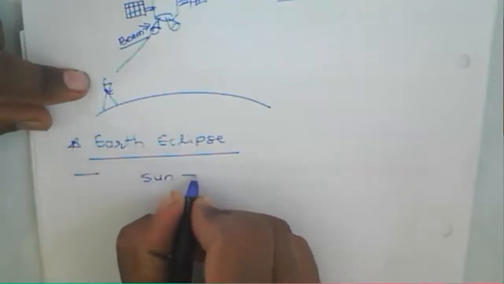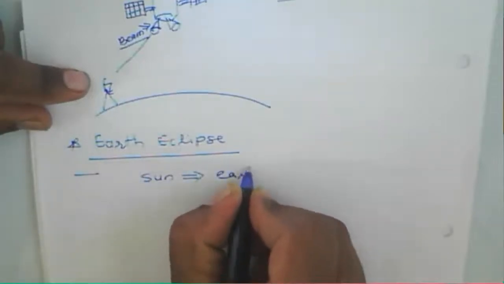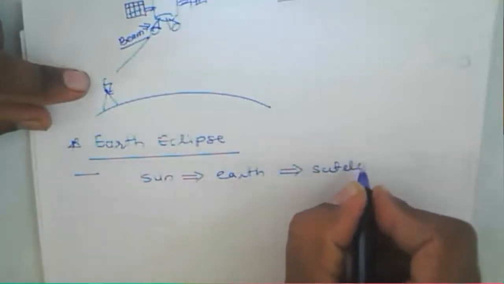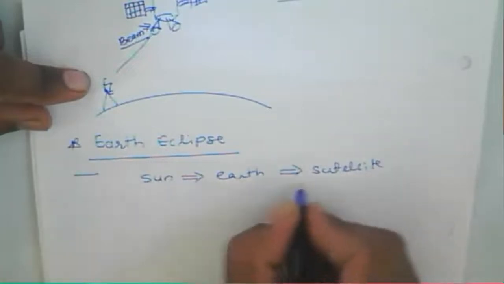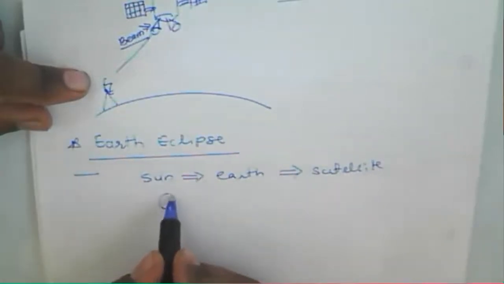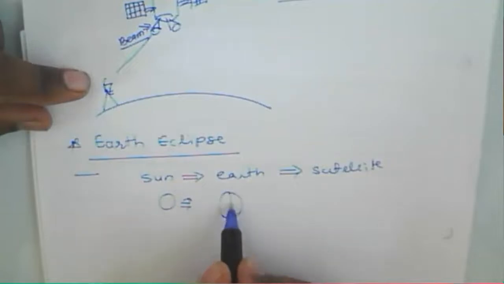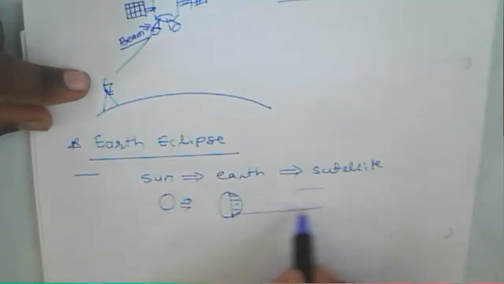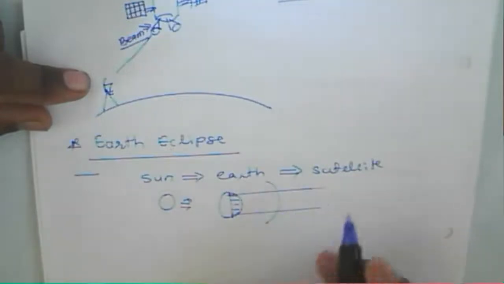Now, what does eclipse mean? We have the sun, then the earth, and then the satellite. In that case, we have the earth there, and there will be a shadow.